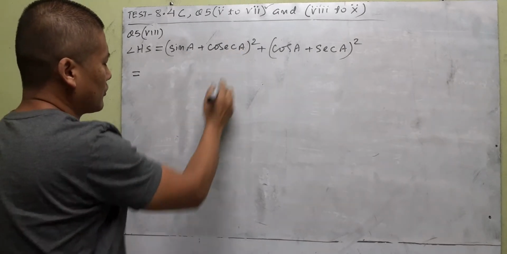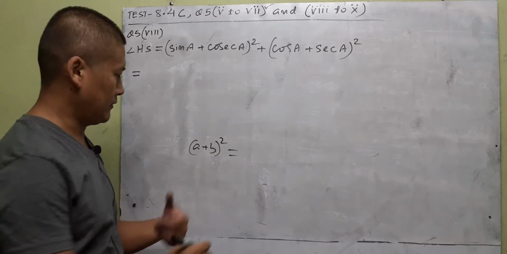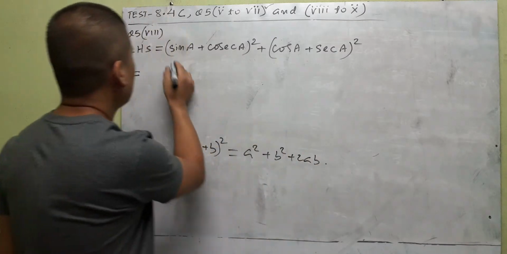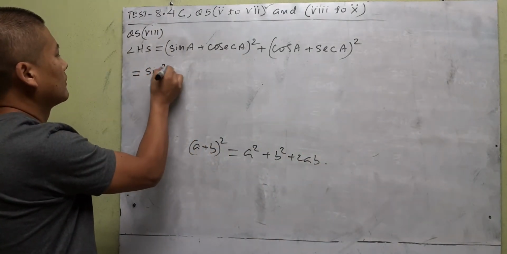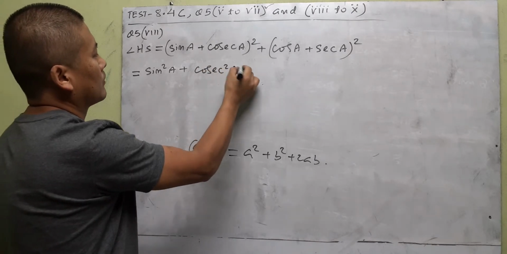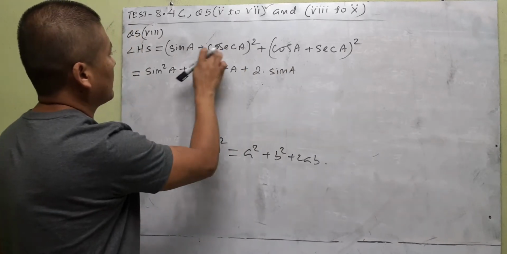(a + b) whole square. We know this is a very common formula from class 6, 7 even: a square plus b square plus 2ab. So a square plus b square plus 2 into a into b, with a being this one and b being this one.